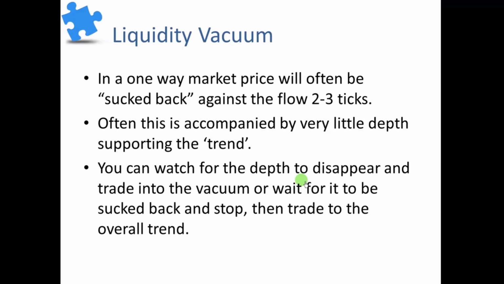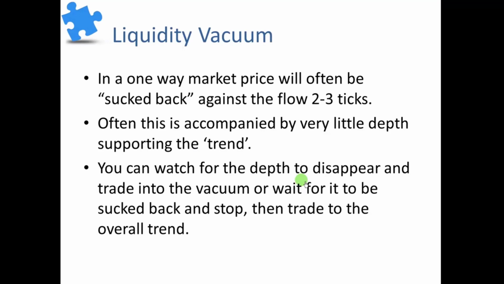If it's not weaker, if there's real momentum there that you can see, it's not a vacuum. Now, liquidity vacuums tend to be uniform in size. So on the ES, you're probably going to see 6 to 8 tick pullbacks on the way down. And then when that market reverses up, as the ES does 3 or 4 times a day, you're going to see the exact same size pullbacks on the way up.